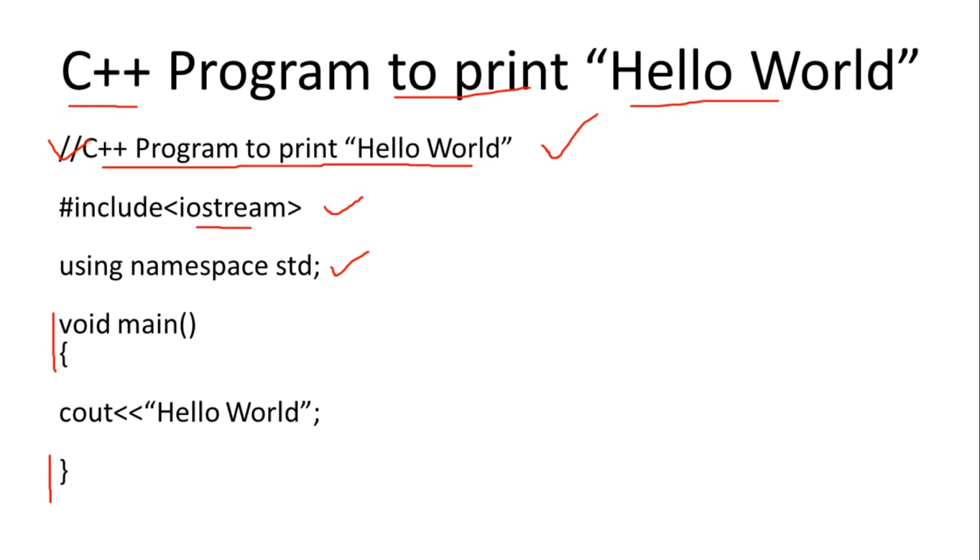The function that is used for printing the message hello world in C++ programming is cout. So the syntax for cout is this. First write down the keyword cout, then two symbols like this, the less than symbol 2 times. This is called the insertion operator, and anything that is written in front of this insertion operator will be printed as it is.